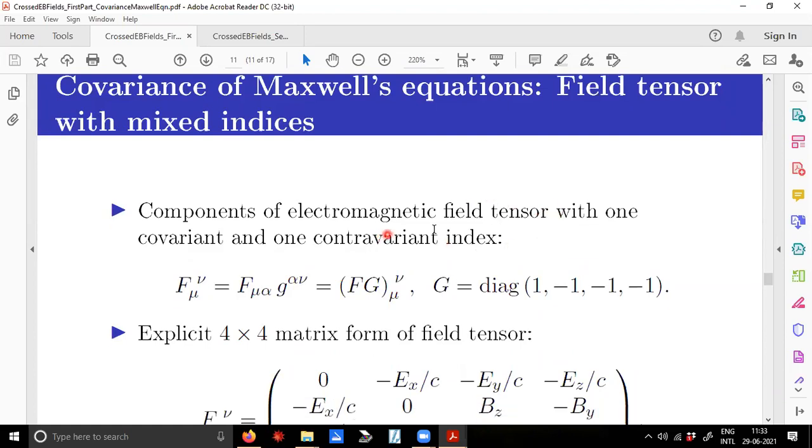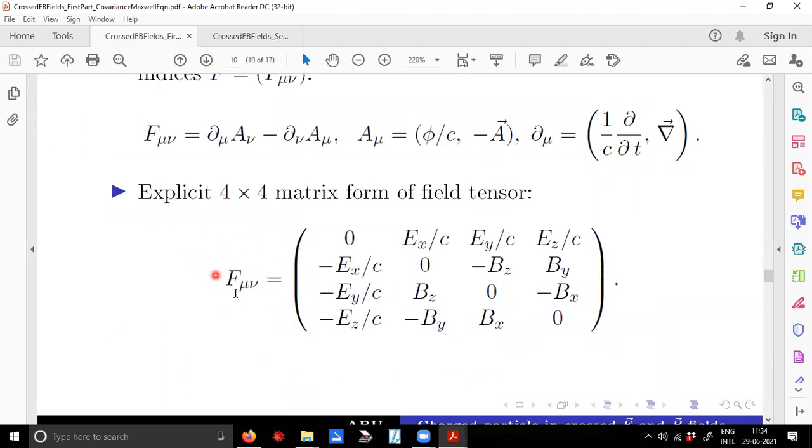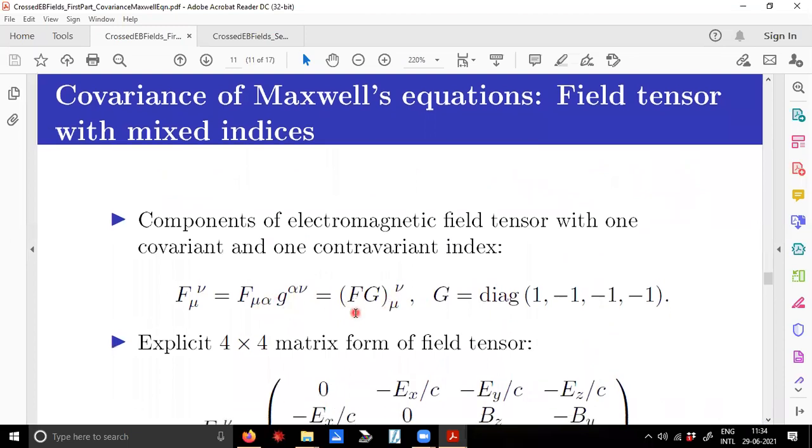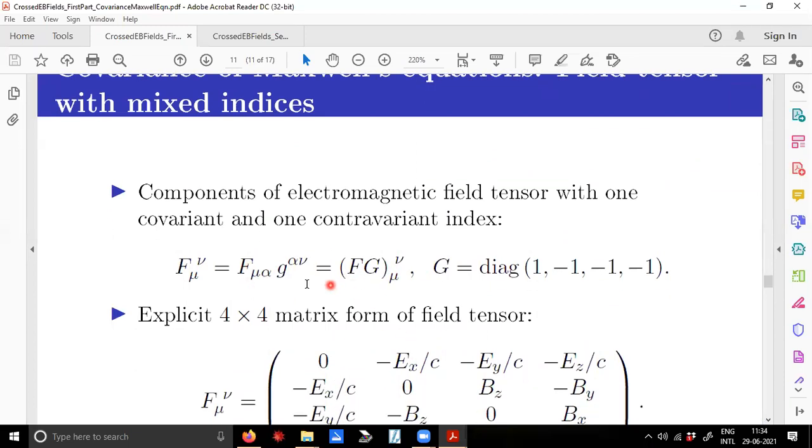So now, components of the electromagnetic field tensor with one covariant and one contravariant index can be defined. You have F mu nu. Do an exercise. Given this F mu nu, you are now doing Lorentz transformations. You have a metric tensor. The metric tensor is known to you. G metric is diagonal. So I want to write F with first index mu, little space, nu.